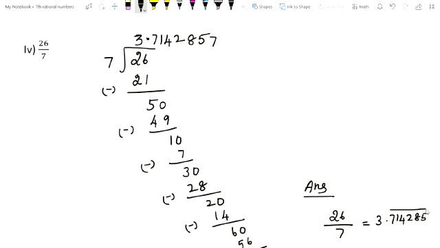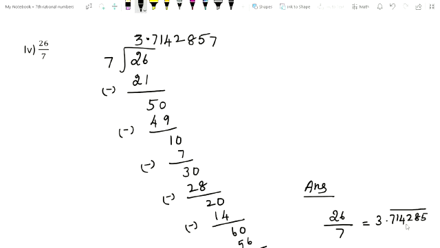You put the bar, because the same number only is going to repeat. Okay, so 26 by 7 equal to 3.714285 bar. The bar represents that this number will repeat indefinitely. Okay, children, you understand this is a recurring decimal.